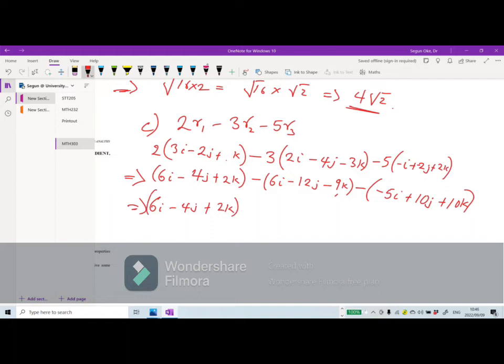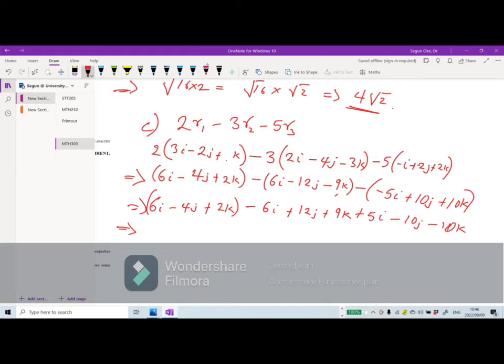Negative, here you have negative 6i plus 12j plus 9k. This is plus 5i minus 10j, negative 10k. So we can now begin to see all the i's.